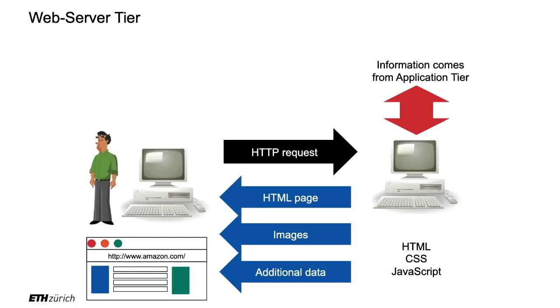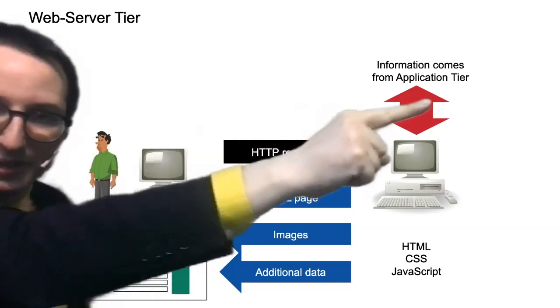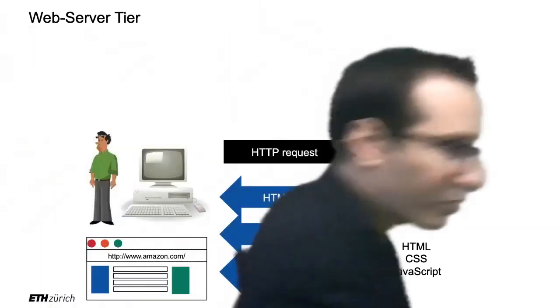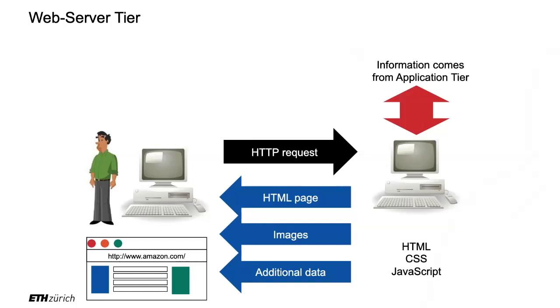Okay, and you see this little arrow on the top right over there. That's the communication with other tiers, because of course, in order to generate the HTML and the CSS, it needs to come from somewhere. You need to actually have some data in there. So typically, in order to generate this HTML, CSS, JavaScript, you have some fancy technologies. Apache Tomcat is a simple way of doing that.